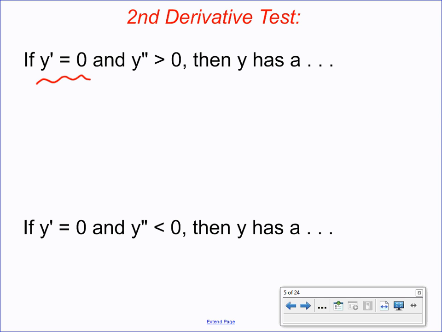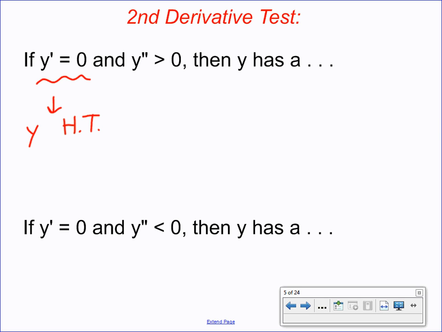Y prime equals 0, what must y have at that point? Brandon? Critical point? Yes, it has a critical point. But because y prime equals 0, we know the slope of y is 0. And so what feature would that be? That would be a horizontal tangent. Absolutely. And so y would have a horizontal tangent.